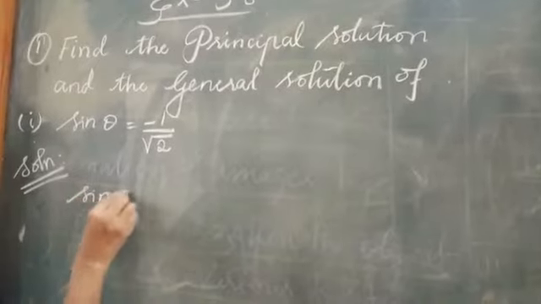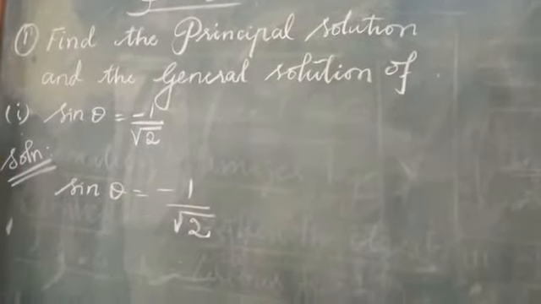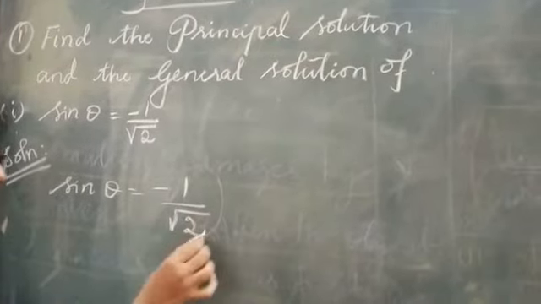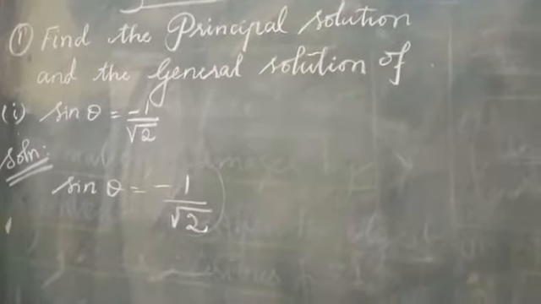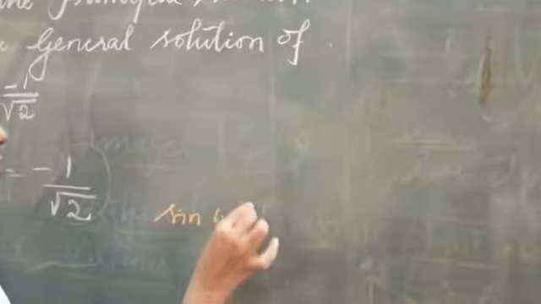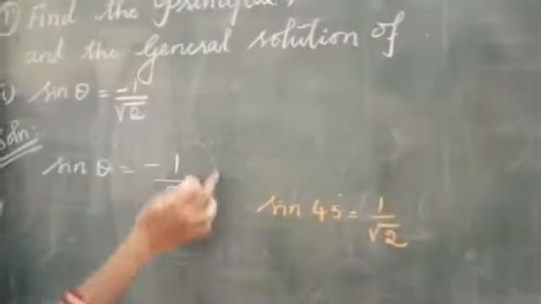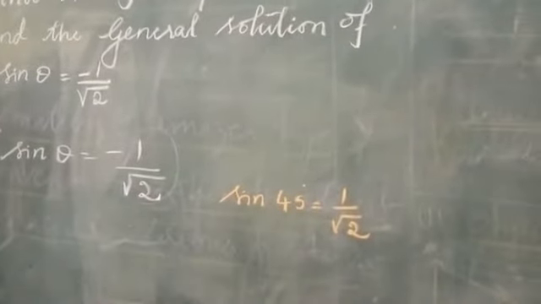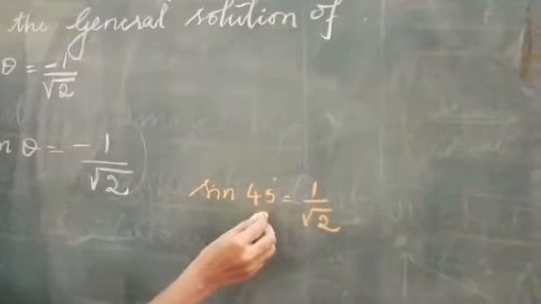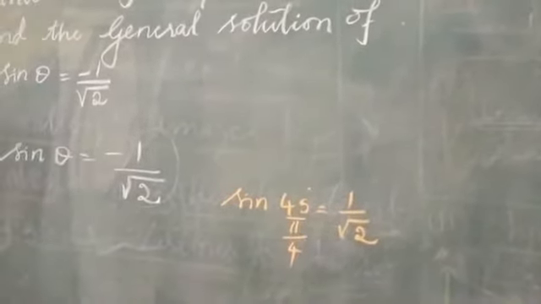Given sin theta is equal to minus 1 divided by root 2. You know that 1 by root 2, that is sin 45 degree. So instead of 1 by root 2, we can write sin 45. And when you write 45 degree in terms of radians, we can write it as pi by 4.